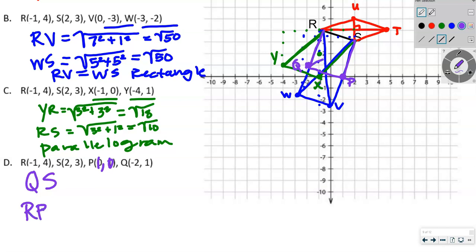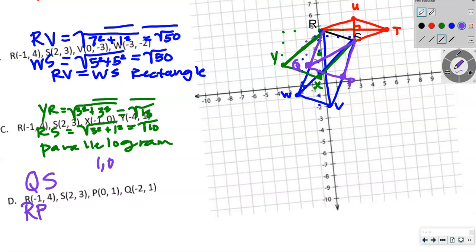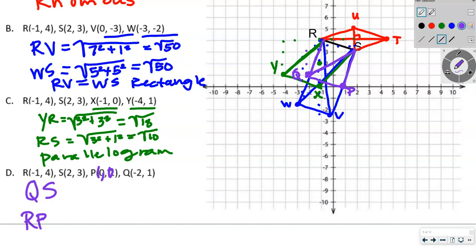If we look at QS right here, so here's QS, y'all. I'm going up 1, 2, over 1, 2, 3, 4. Got that? So this is equal to 2 squared plus 4 squared, which would be 4 plus 16, that's the square root of 20.